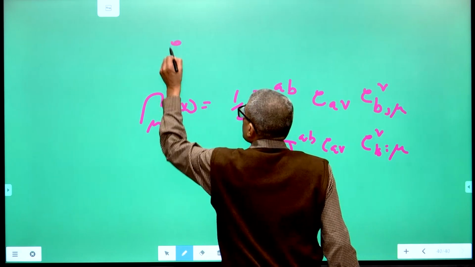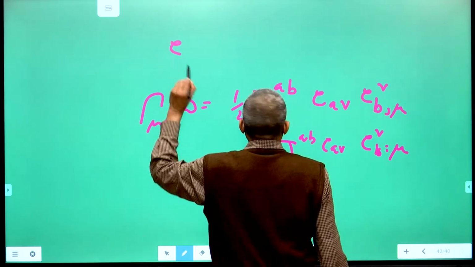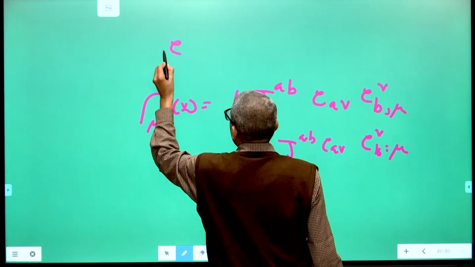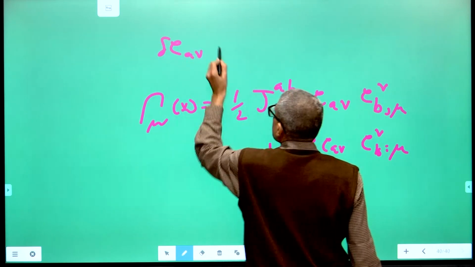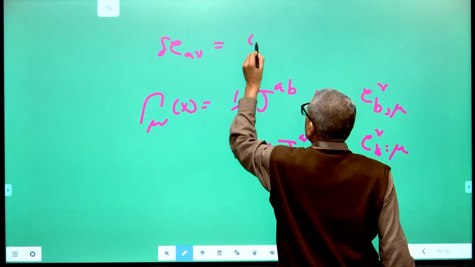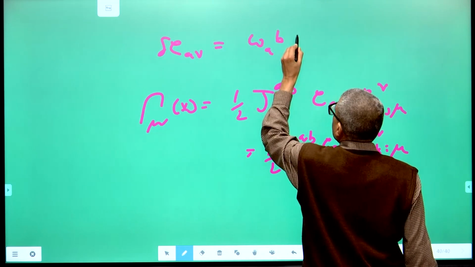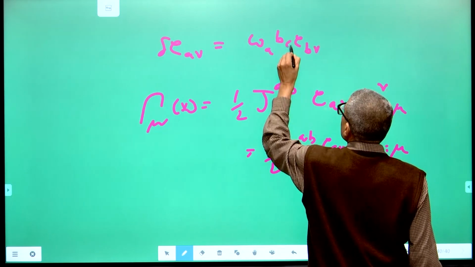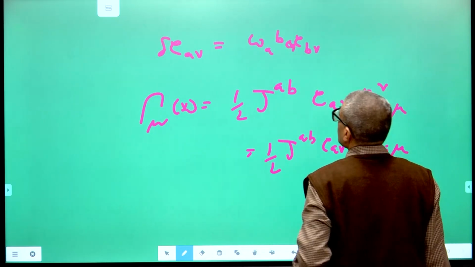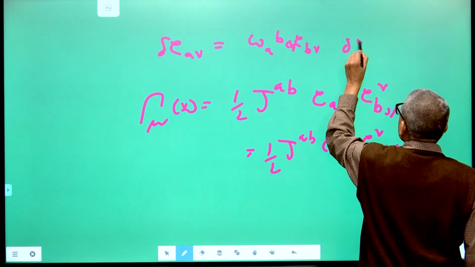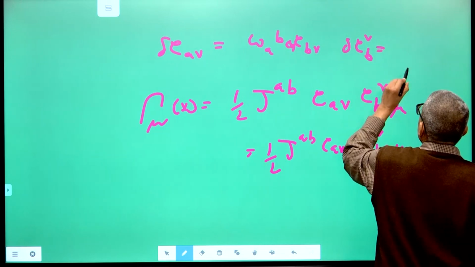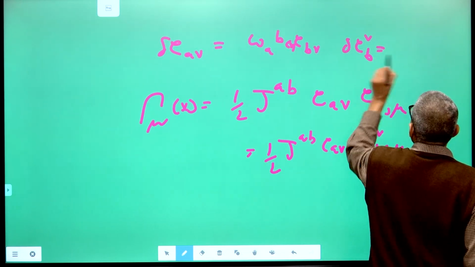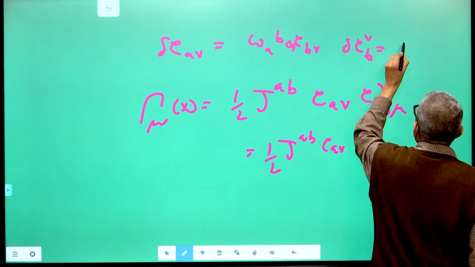That means under a local Lorentz transformation, your delta E A nu will be nothing but omega AB times E B nu, and delta E nu B x will be equal to how much? You are transforming the B index according to the local Lorentz transformation.